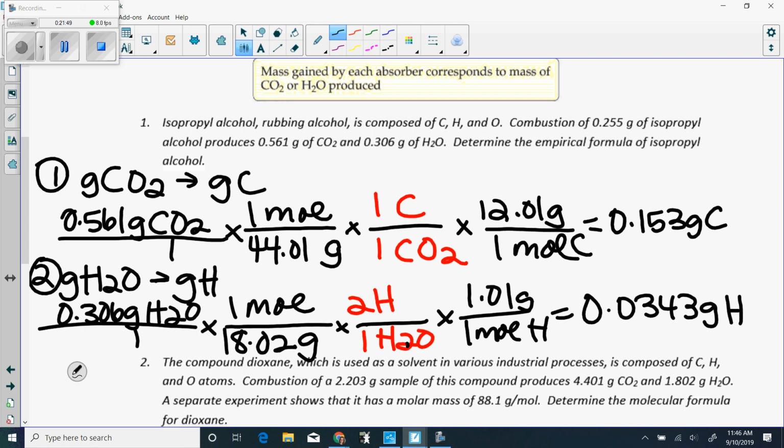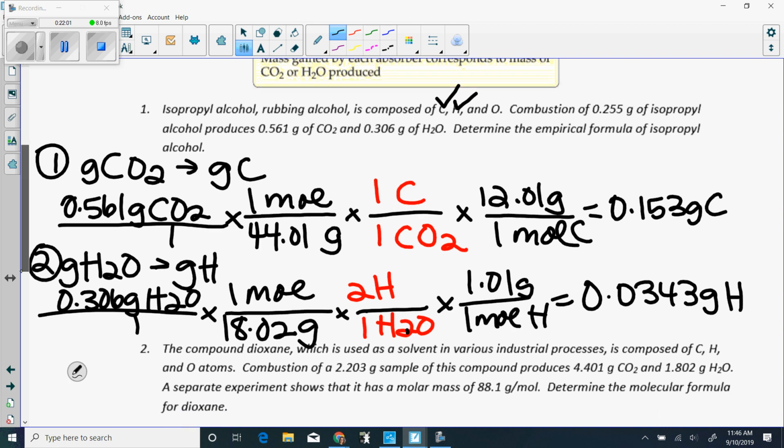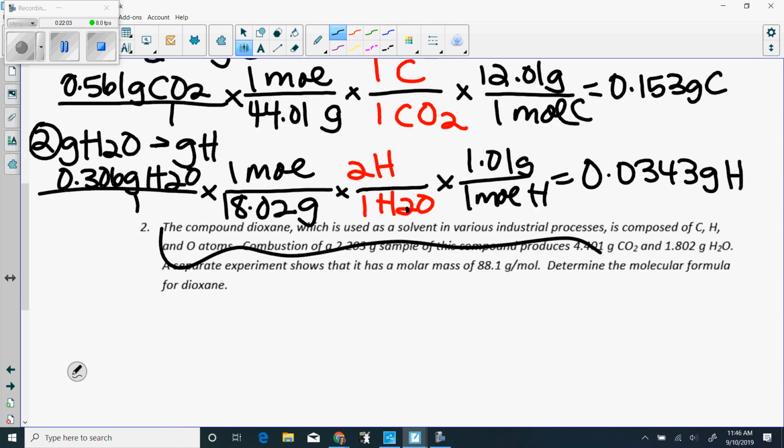Okay, now I know how much carbon, now I know how much hydrogen. I do not yet know how much oxygen, because some of it's wound up in the carbon dioxide and some of it's wound up in the water. So all I'm going to do, step 3, is I know how much the whole sample weighs. And the sample has carbon, hydrogen, and oxygen in it.